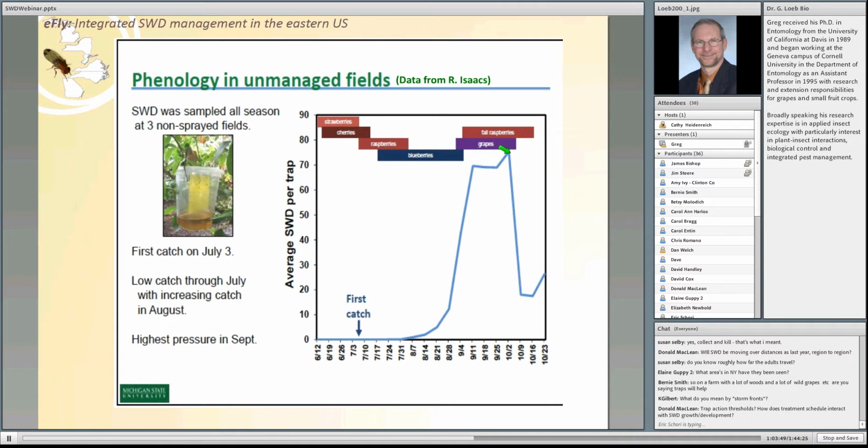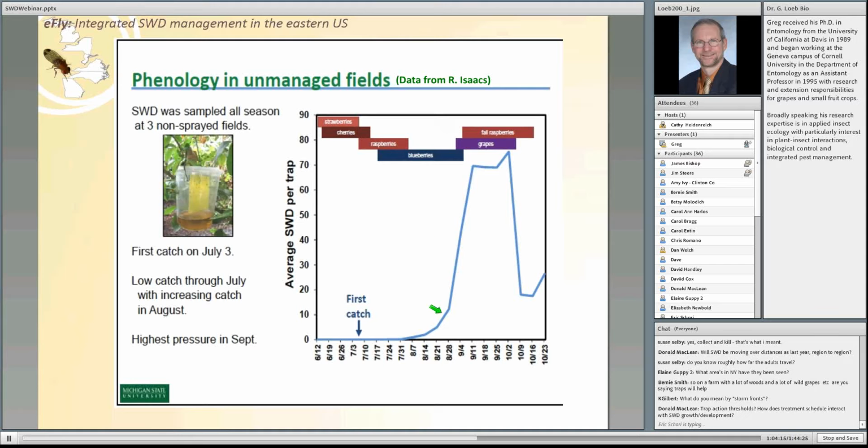So presumably those fruits that are ripening at that time, particularly fall raspberries, late season blueberries, potentially grapes if they're vulnerable, and day neutral strawberries would be out here as well, are the ones that we think are going to be the most at risk because of this general pattern that we see of populations really only building up to huge numbers late in the season.